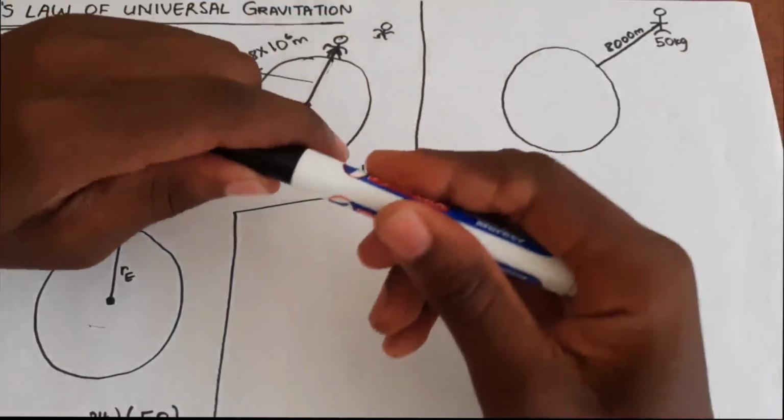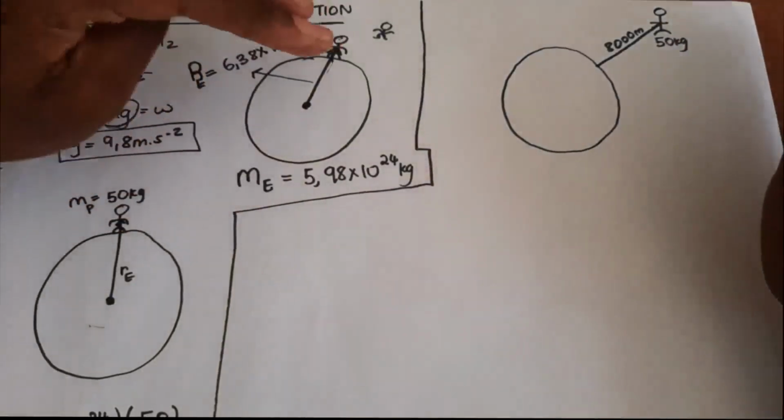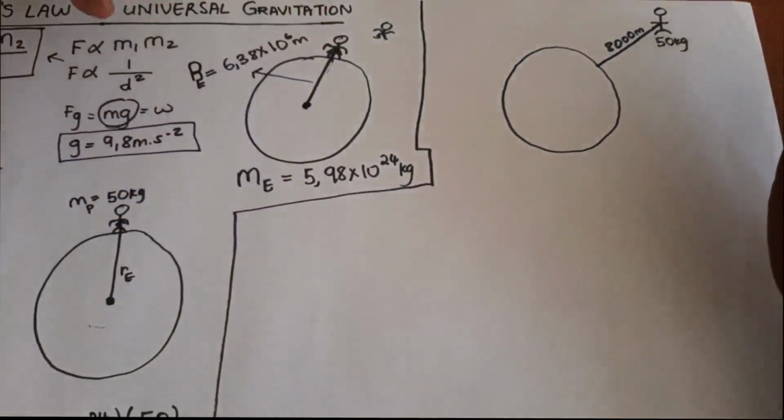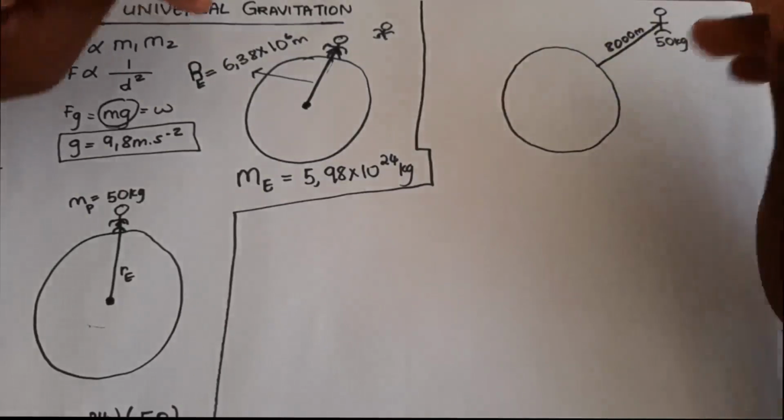When calculating this one, we are only going to use Newton's law of universal gravitation formula, not Fg equals mg, not this one.